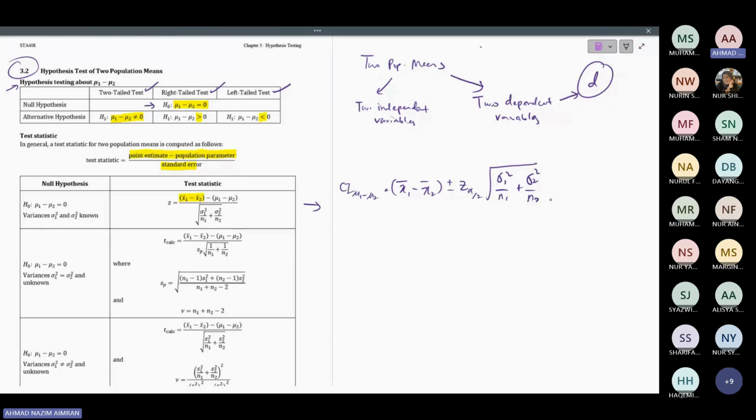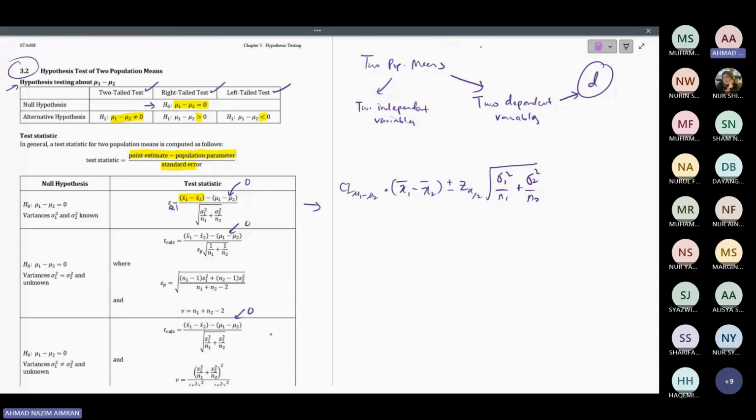But for the z statistic, the formula is x bar 1 minus x bar 2 minus mu1 minus mu2, and mu1 minus mu2 here is always equal to 0.